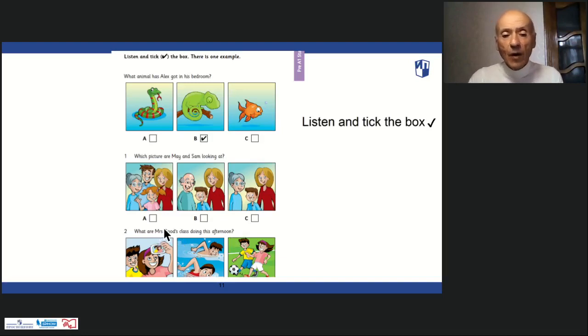Or, what are Mrs. Good's class doing this afternoon? What are they doing? Are they swimming? Are they playing football? Children are to listen to the text.